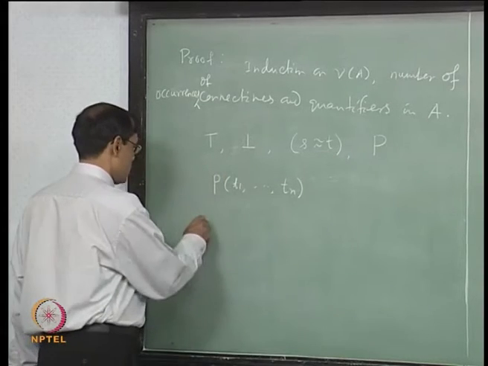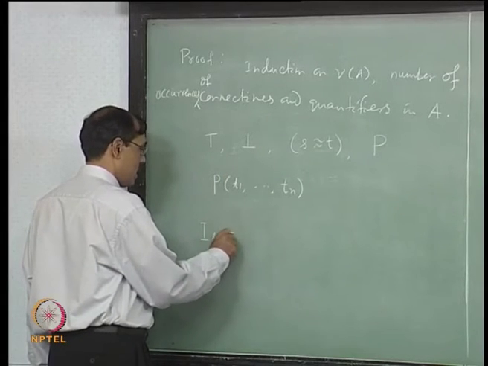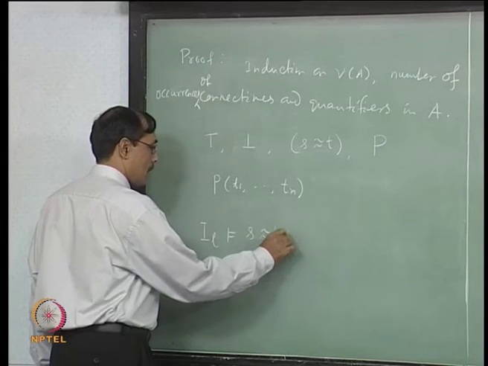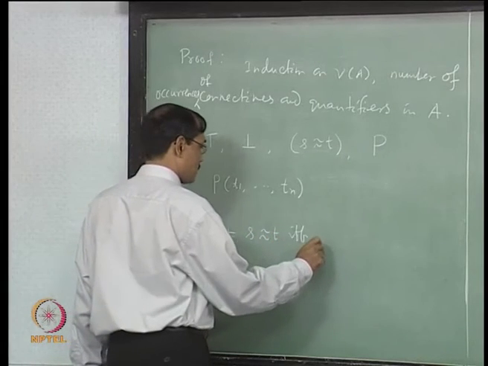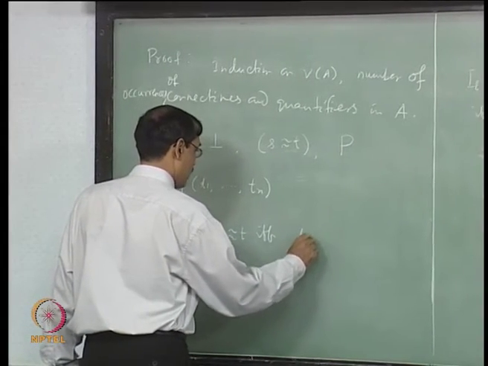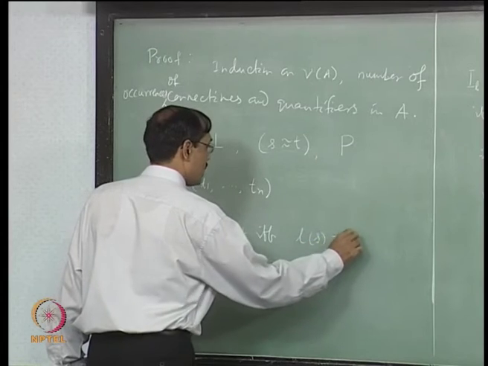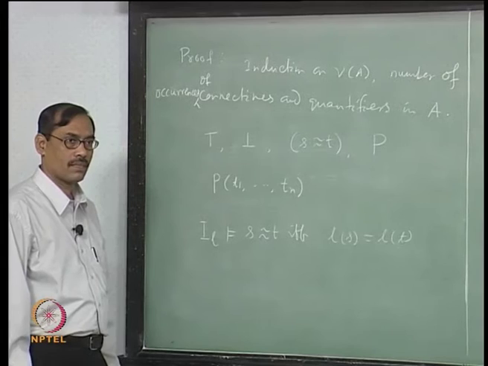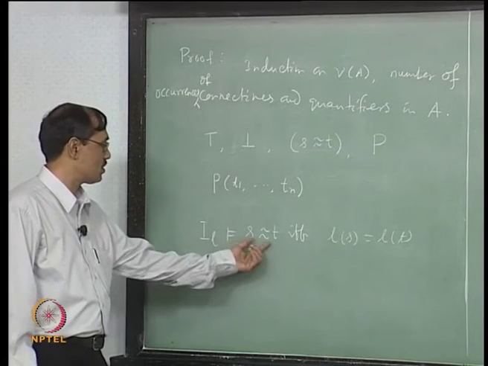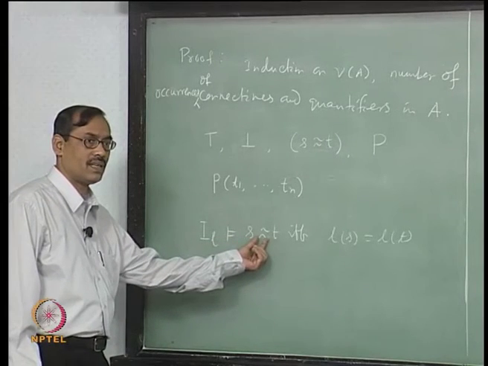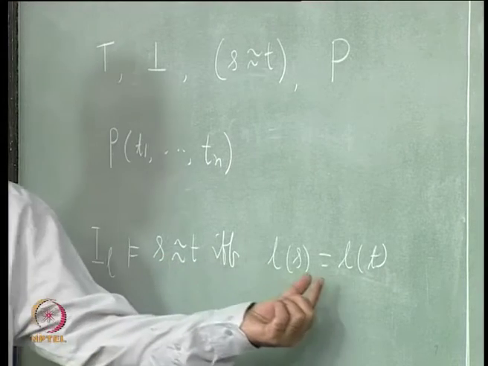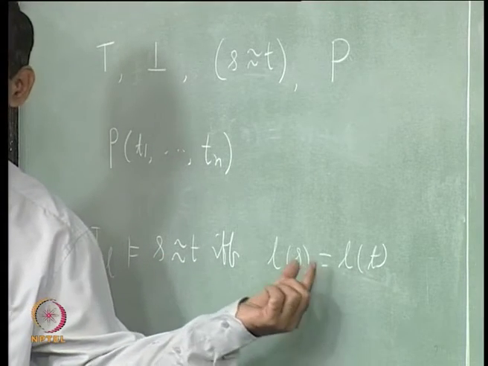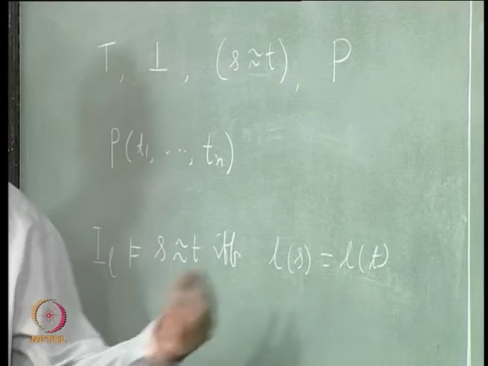So, it will come this way: I L satisfies S equal to T if and only if L of S equal to L of T, okay, because this identity or equality symbol is interpreted as equal to in the concrete domain, whatever your domain D is.